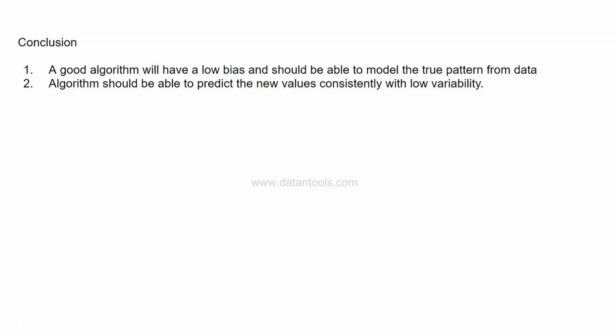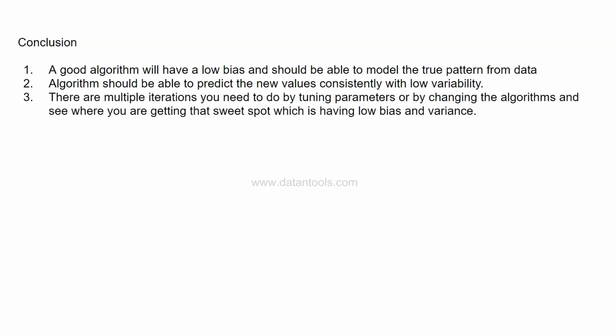So your algorithm should have low bias and low variance, and that's what my next point is related to: there are multiple iterations you may need to do by tuning the parameters or by changing the algorithms, and you need to see where you are getting that sweet spot which has the low bias and variance.